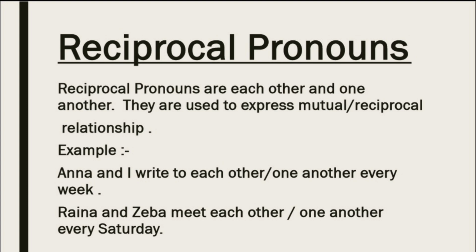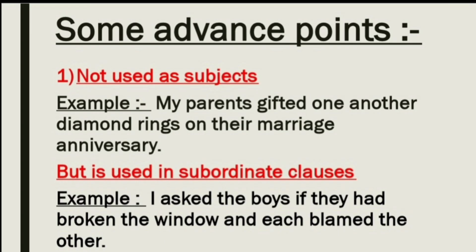In the example, Anna and I write to each other every week. So here Anna and I are writing to each other, which means Anna is writing to me and I am writing to Anna simultaneously.